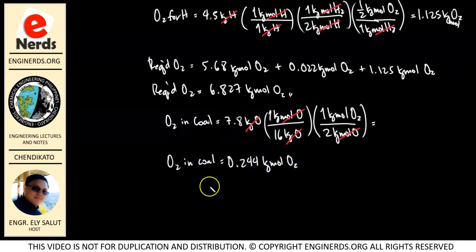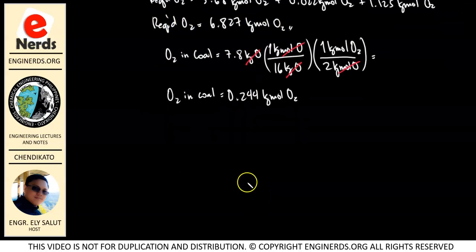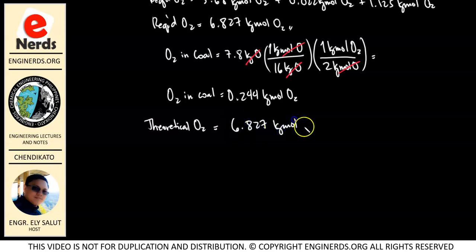Okay, so katulad ng sabi ko kanina, ito yung O2 na nasa coal na mismo. So we need to subtract that dito sa ating required O2 for complete combustion para makuha natin yung theoretical O2 for complete combustion. So theoretical O2 is equal to 6.827 kilogram mole minus 0.244 kilogram mole.